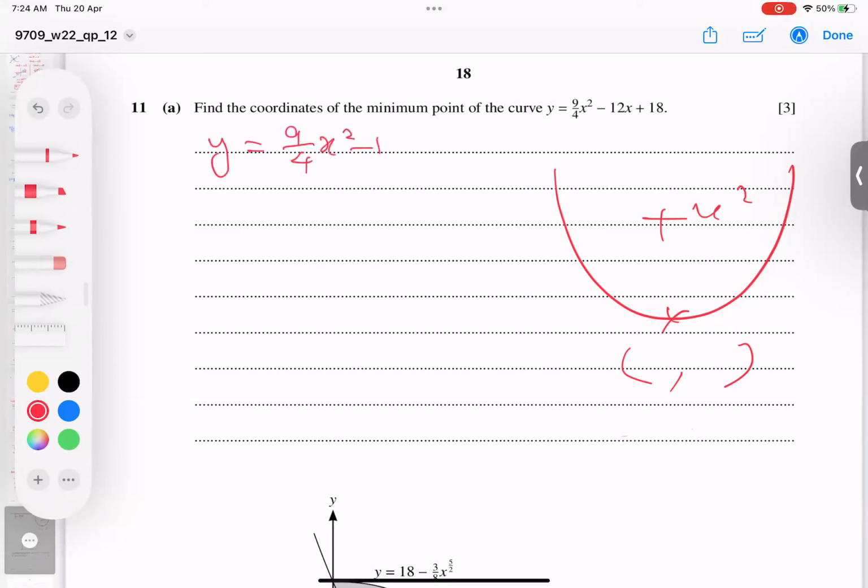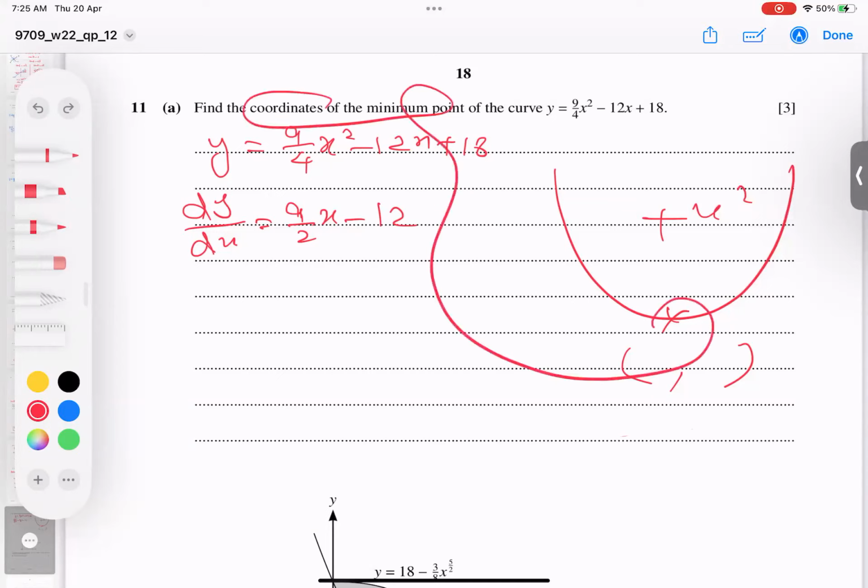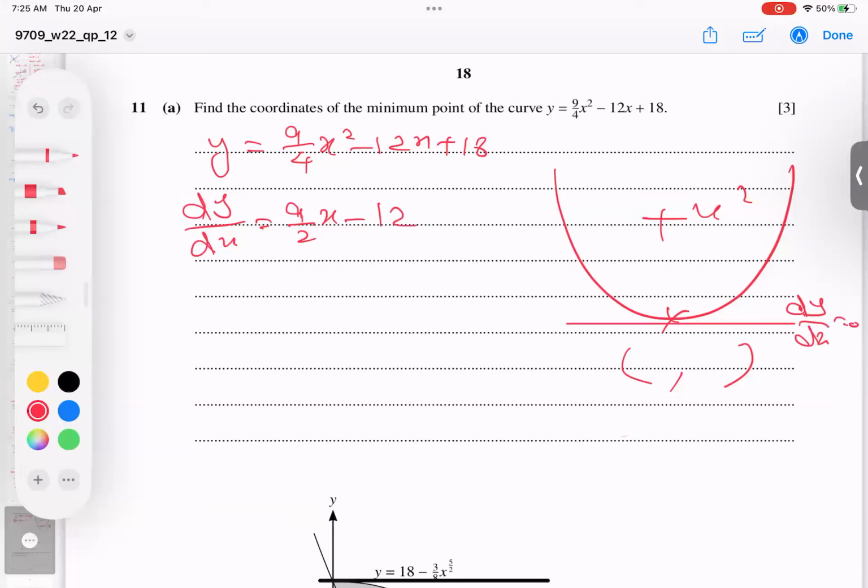9/4 x square minus 12x plus 18. So step number one, I will find the differentiation. According to the criteria, power 2 comes down, I get 9 over 2 x. The differentiation of 12x is only 12, and 18 becomes 0. After this I will plug in, because at the minimum point the tangent is parallel to the x-axis, so the derivative equals 0.